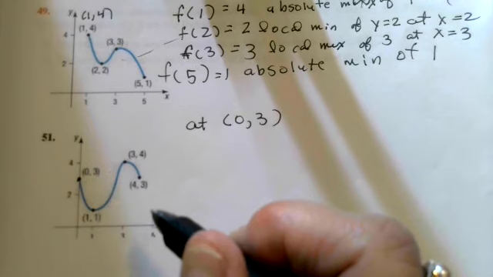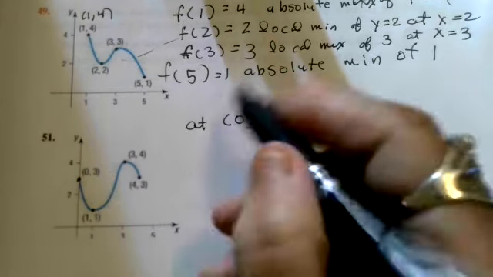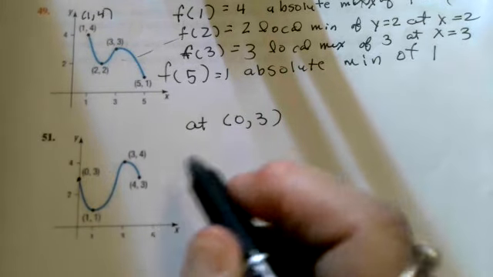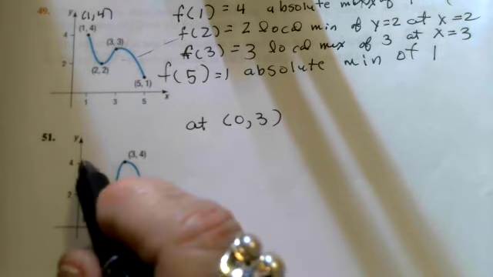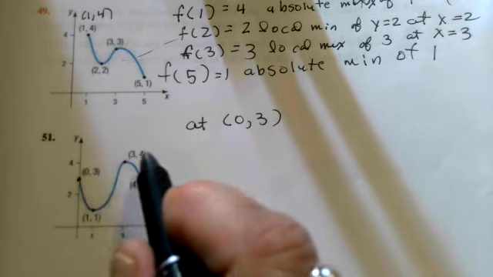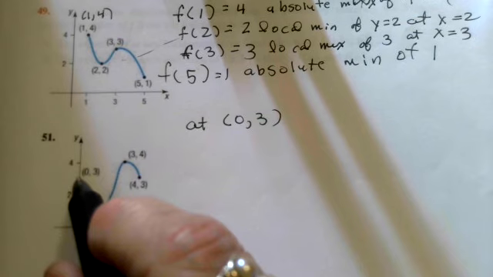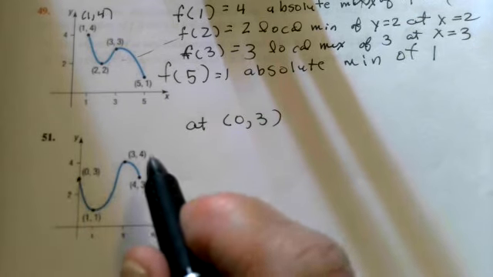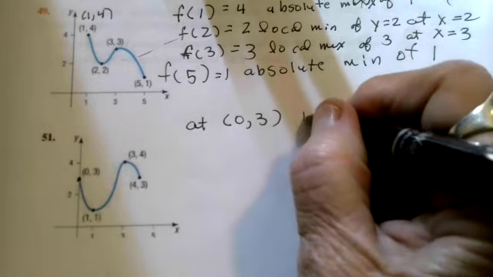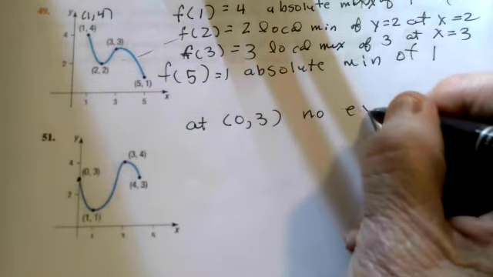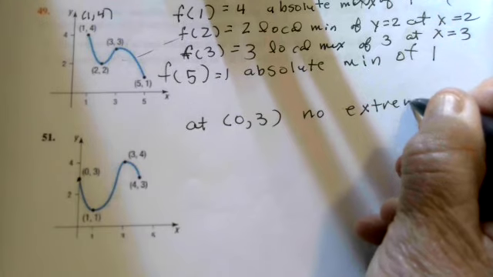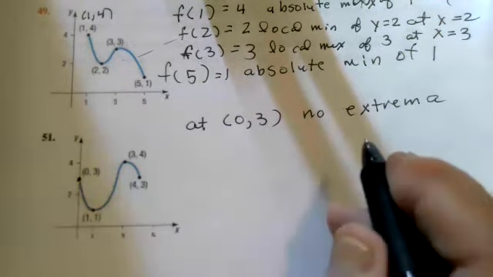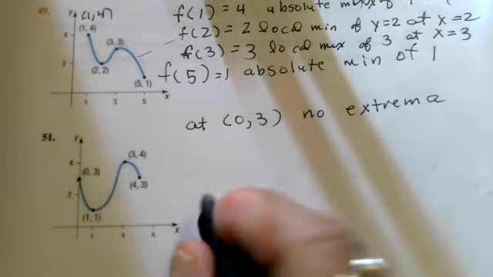Now, is it an absolute max? Well, absolute max and min can occur at the endpoints, but here it's not because there are y values that are higher than that. The y value here is 3. The y value here is 4. So you would say no extrema. Extrema means mins and maxes.